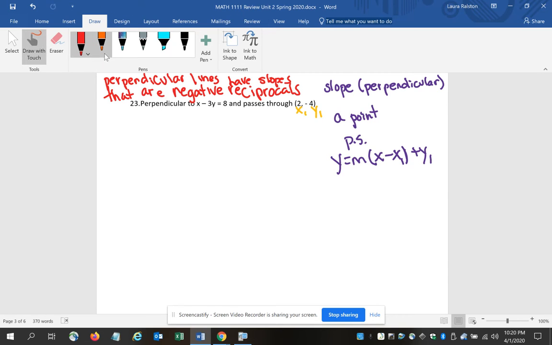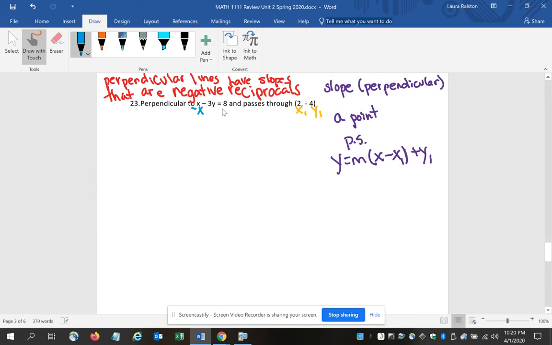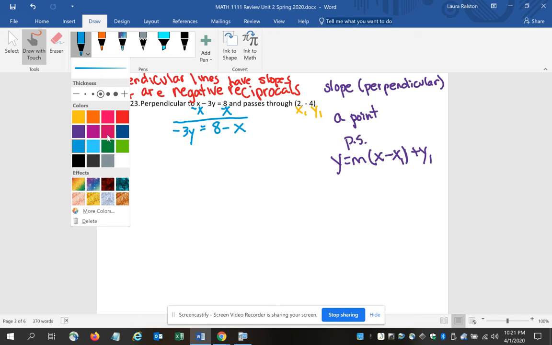But the challenge here with the equation that I'm given is it's not in that nice form y equals mx plus b. So the first thing I'm going to have to do is take this equation and solve it for y. So I'm going to subtract x from either side so that I have negative 3y equals 8 minus x. Then I need to divide everything by -3.